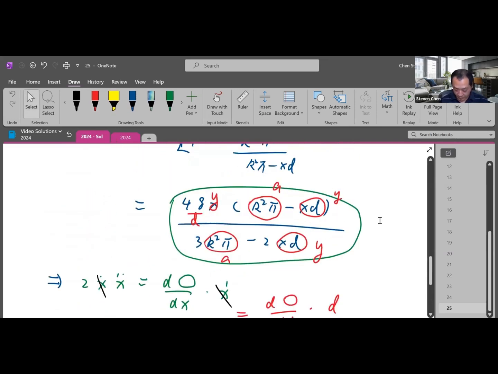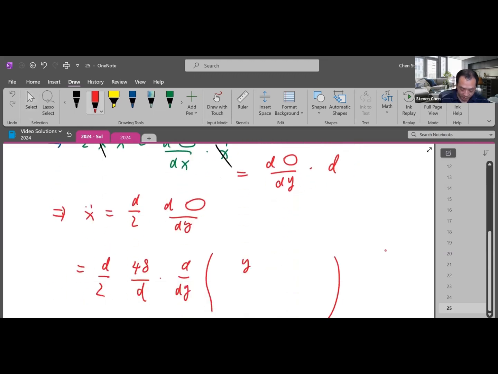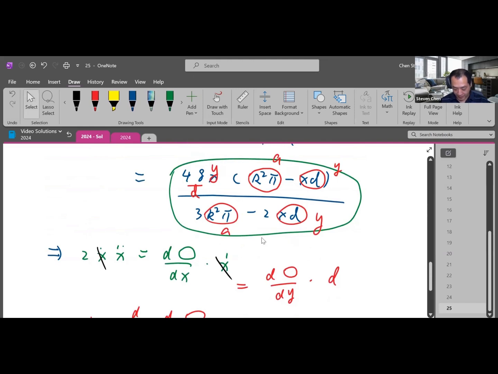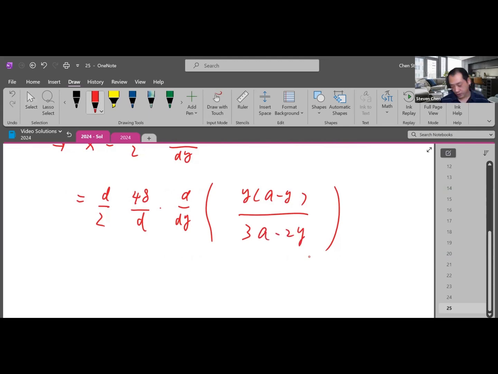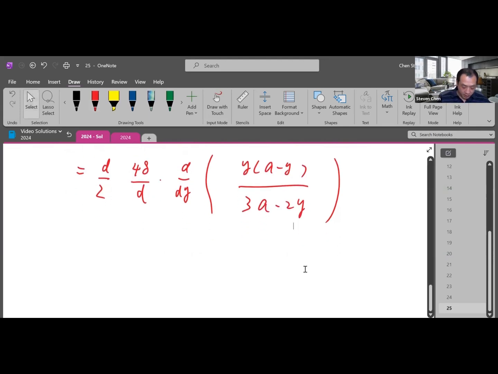So this guy is equal to, the numerator is y times a minus y, divided by 3a minus 2y. So the term ahead of the derivative can be simplified as 2g. What about the derivative of this expression?